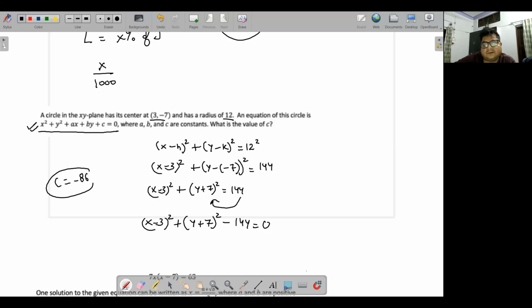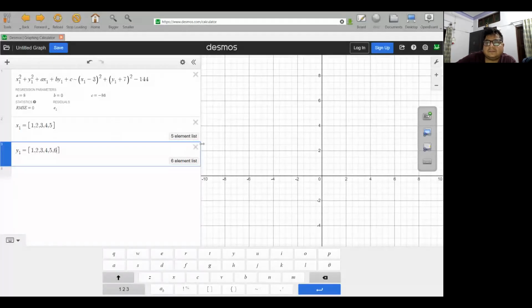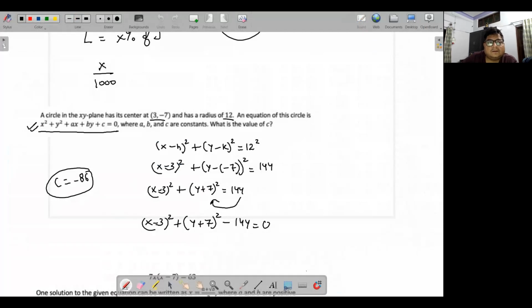Anybody has any doubt? Yes. See, random, I can explain on the board itself. If I say random, it means they will take some random values.